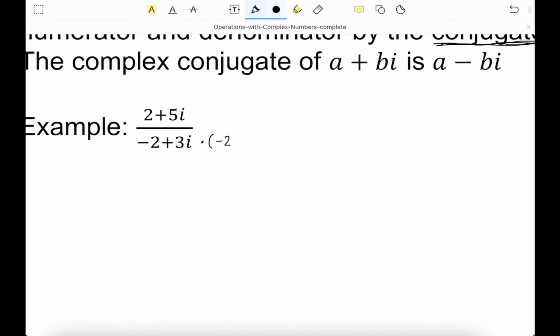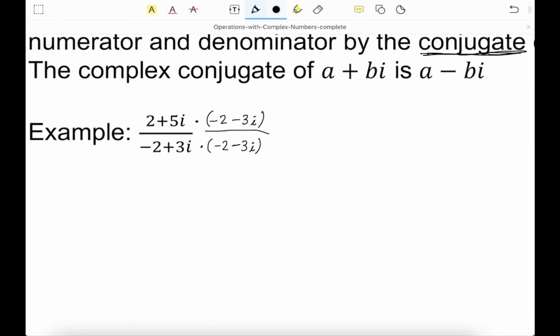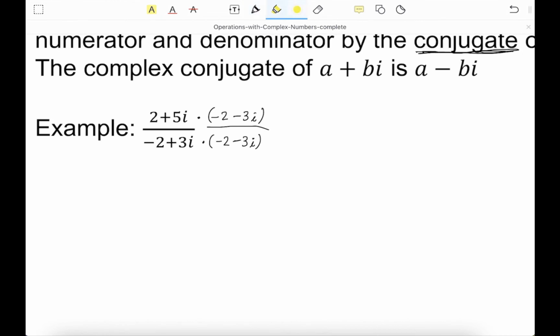So it's negative 2 minus 3i. We do this so that the denominator, this is a factorization of a difference of squares, so when we square this, it will simplify to a non-complex number.